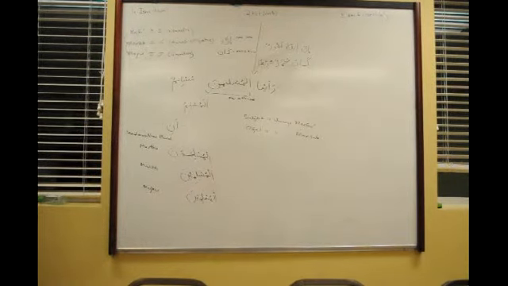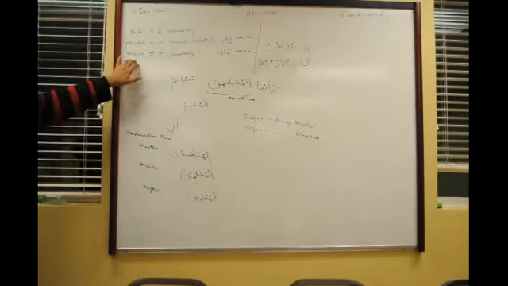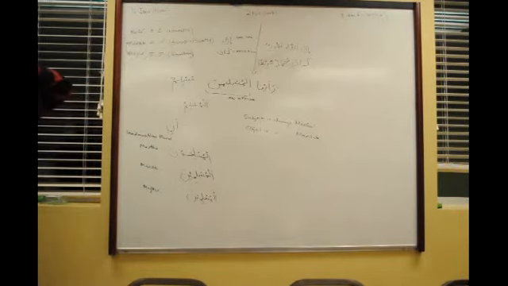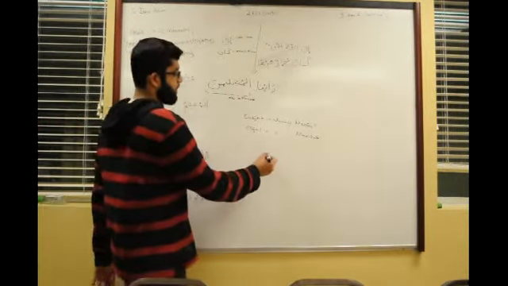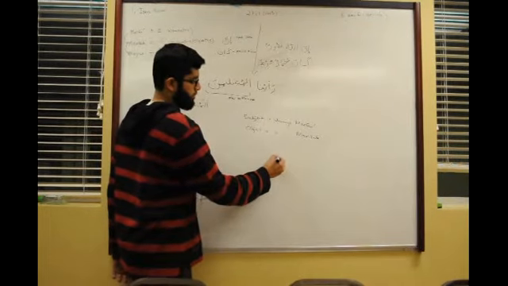Alright, that was mansub. So what about majroor now? How does something become majroor? Brother Anwar, you said it before. Mudaf, mudaf ilayhi, right? Yeah. Can you give us an example? Rasulullahi, right? That's the first one that we did. So which part of the mudaf, mudaf ilayhi is majroor?